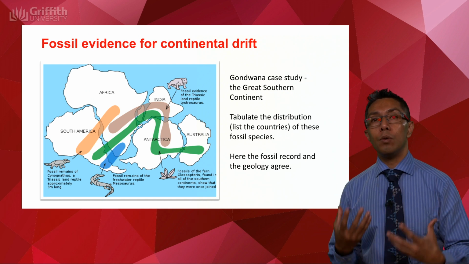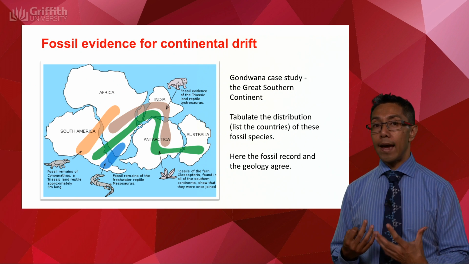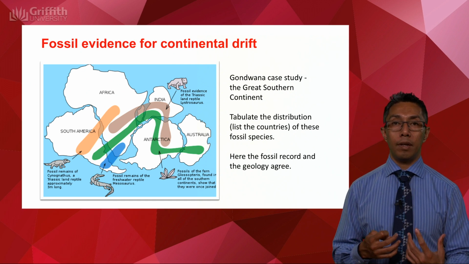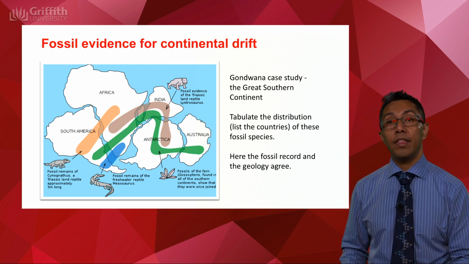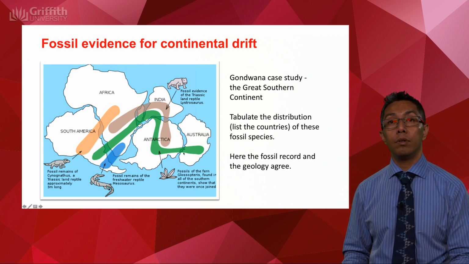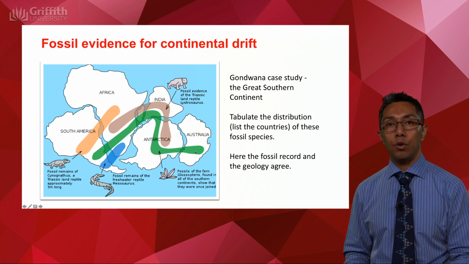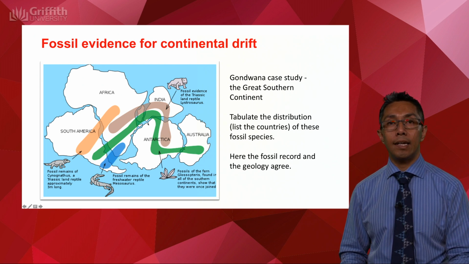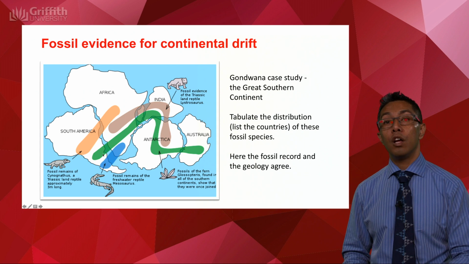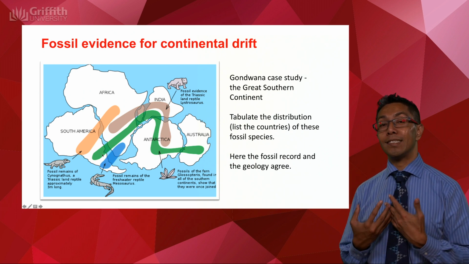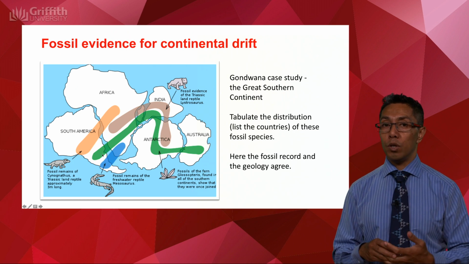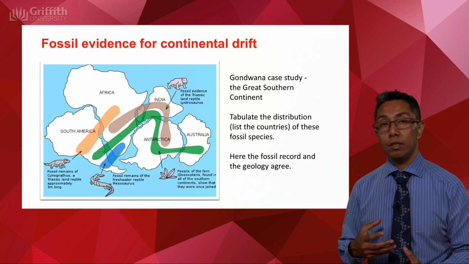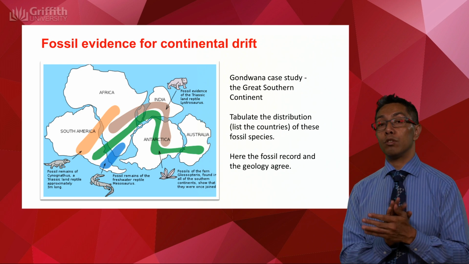So the only way that we, as scientists, could get it straight in our minds that we find, for example, this fossilized plant through Australia, Antarctica, India, Africa, and South America, the only way that we could actually make sense of that, the hypothesis or the model which makes the least number of assumptions, is this idea of continental drift.